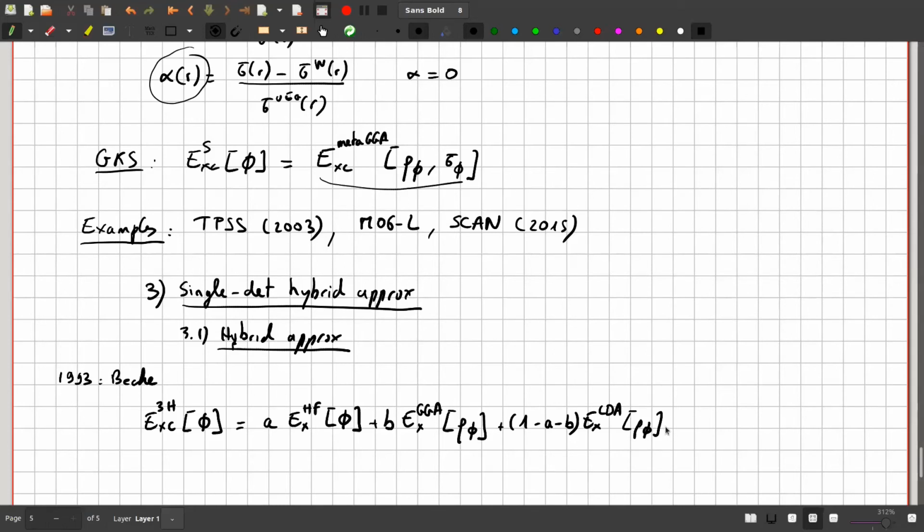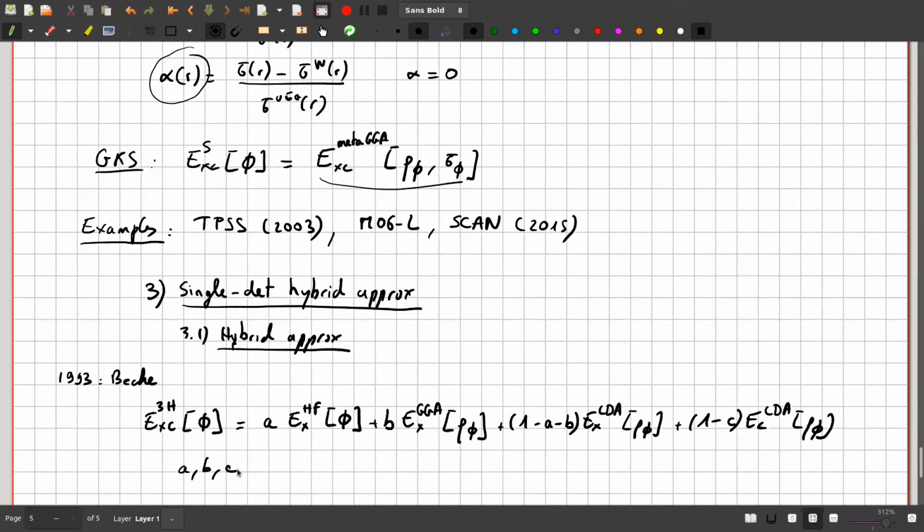And then there is plus one minus c times the correlation LDA functional.